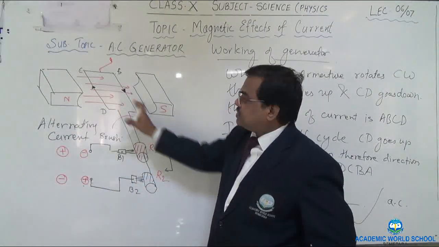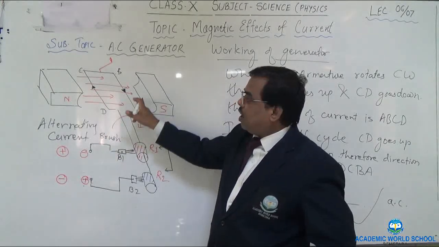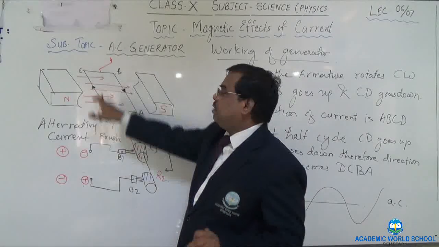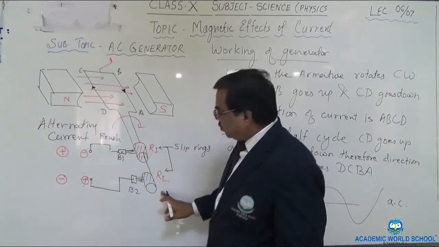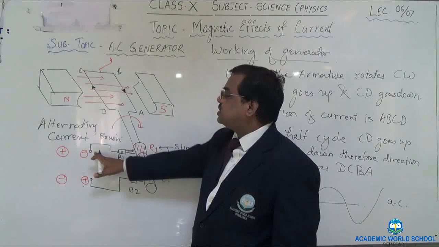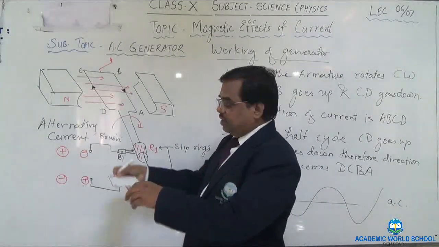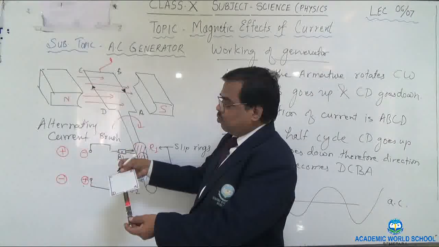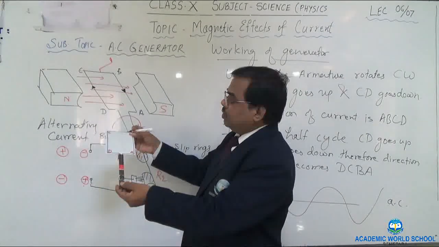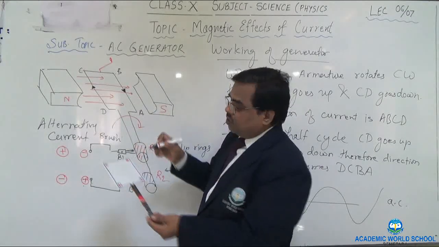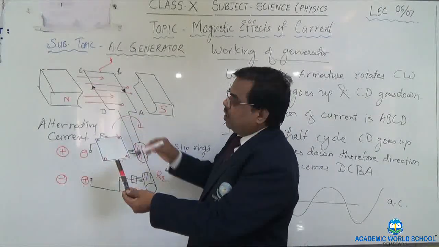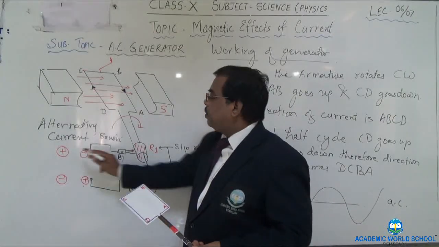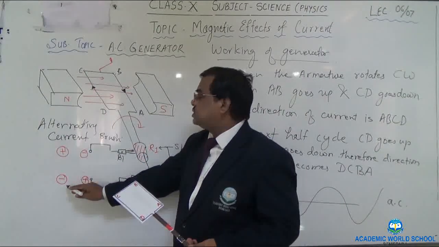See, A, B, C, D. Earlier AB was coming up and CD was coming down, and the direction of current was A, B, C, D. Therefore, ring 2 was positive and ring 1 was negative. After half cycle, CD comes this side and goes up, AB is coming down. So the direction of current becomes DCBA, and now R1 becomes positive and R2 becomes negative.